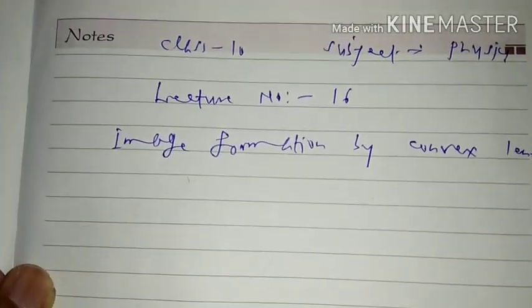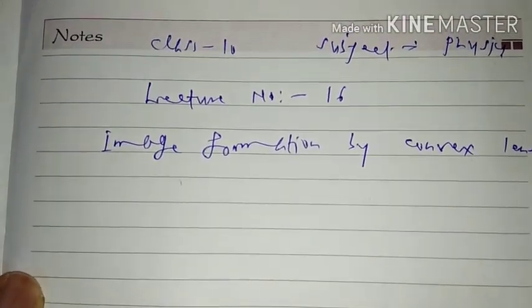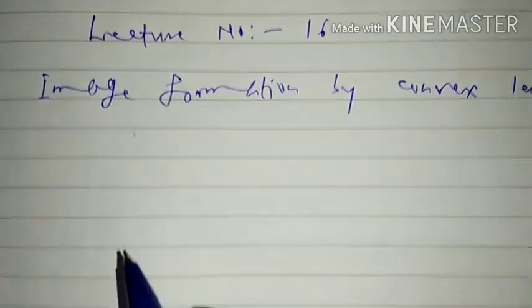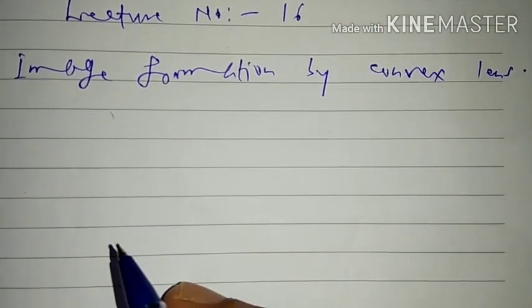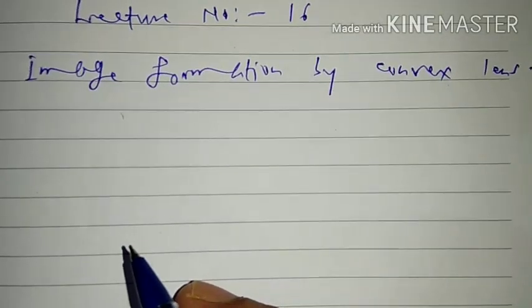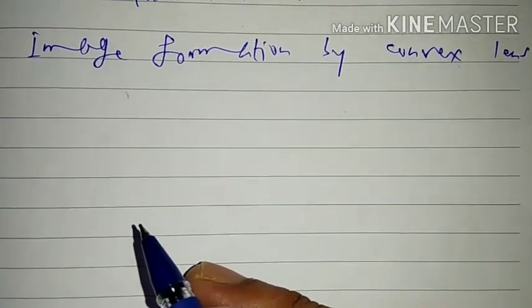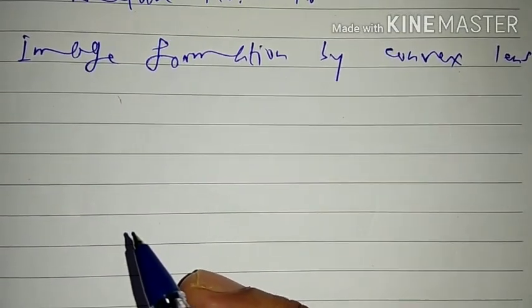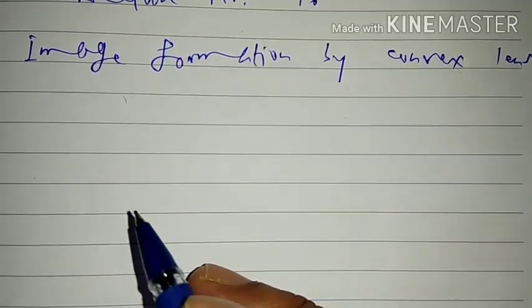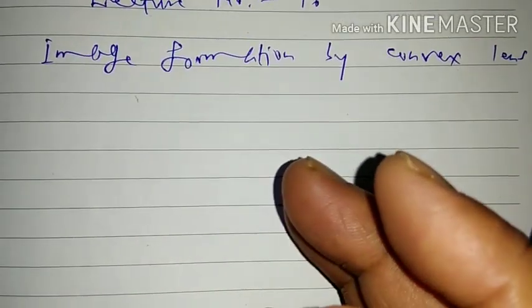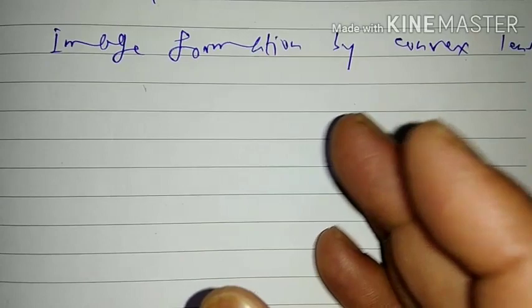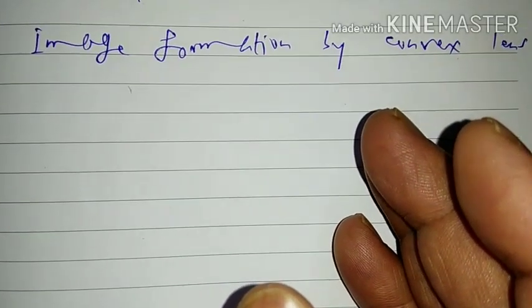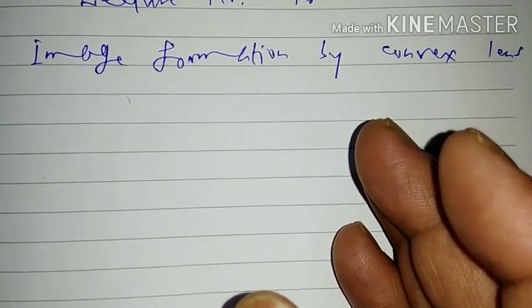Hello students, in my last lecture I had explained refraction of light through spherical lenses and also some special rules which rays of light follow during refraction through convex and concave lenses.